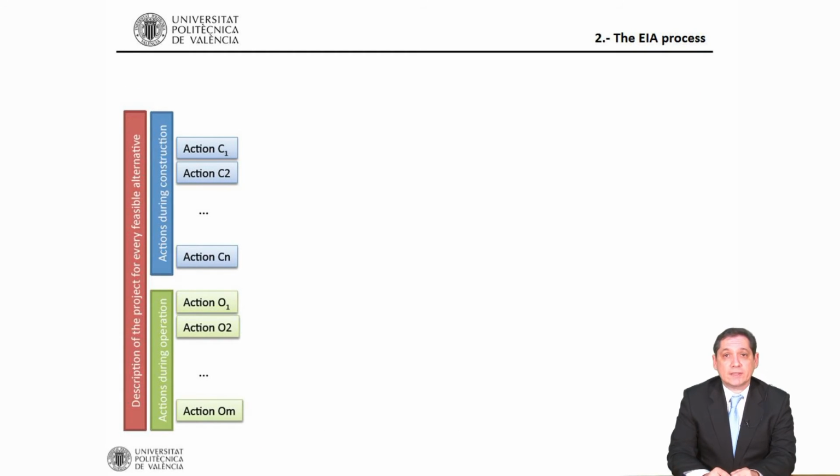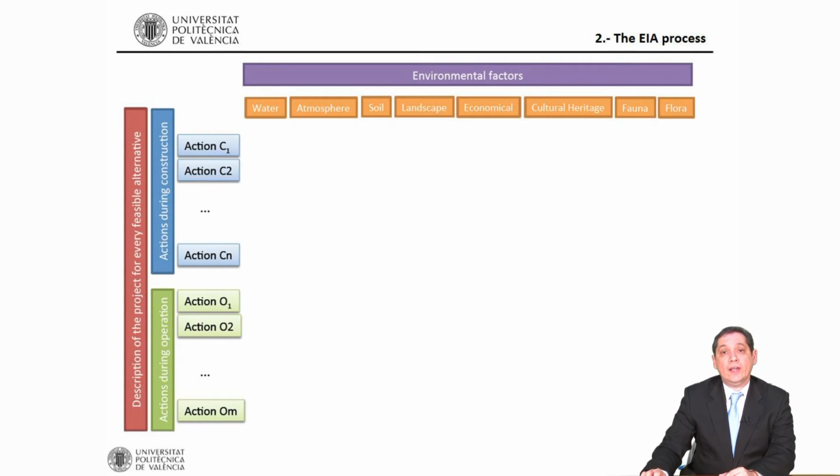The environmental impact assessment process starts then with the analysis of actions in the construction, operation, and closing phases. And we are going to relate these actions with each one of the environmental factors.